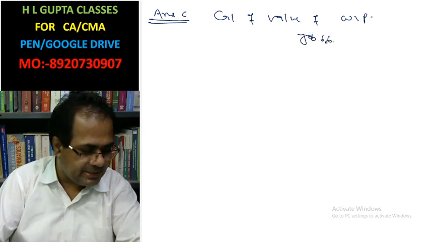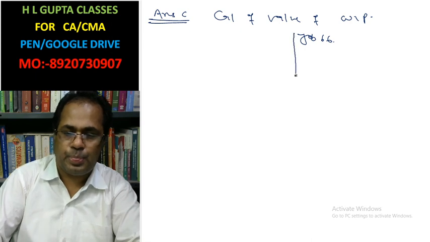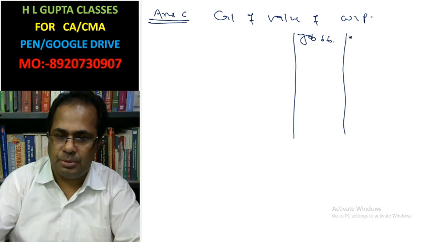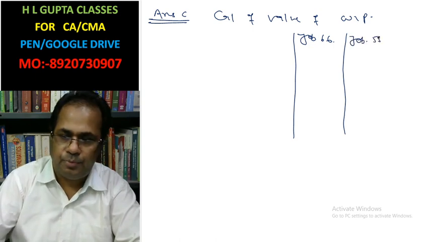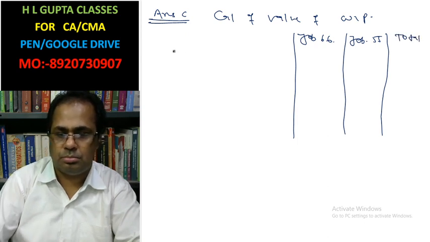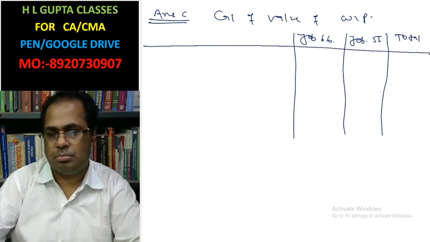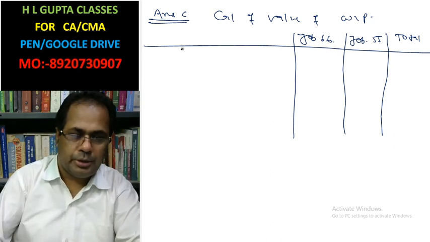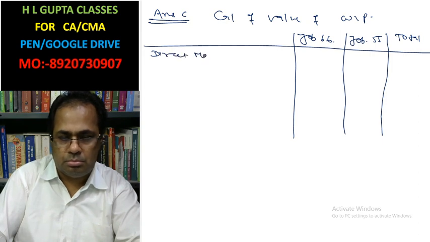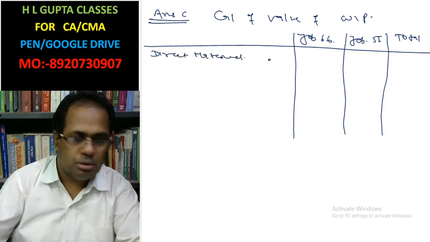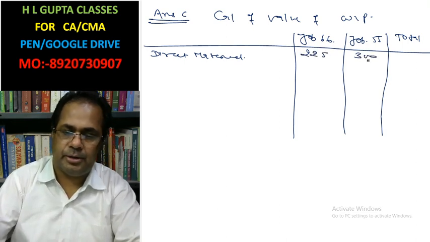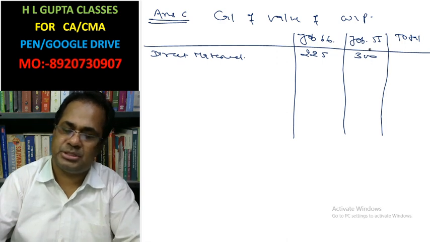Job 66, job 55, and this is the total. Look here. Direct material is 225 and this is 300 for job 66 and job 55. This information is given.